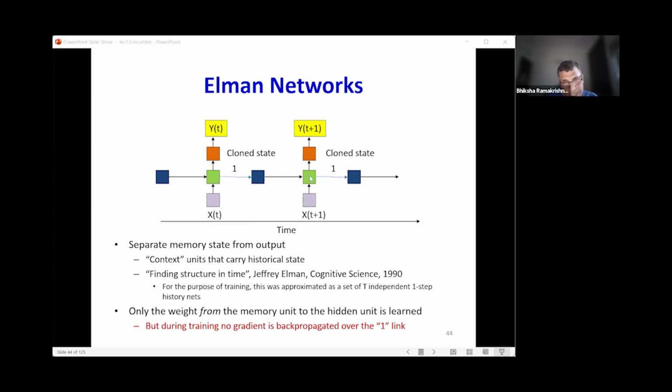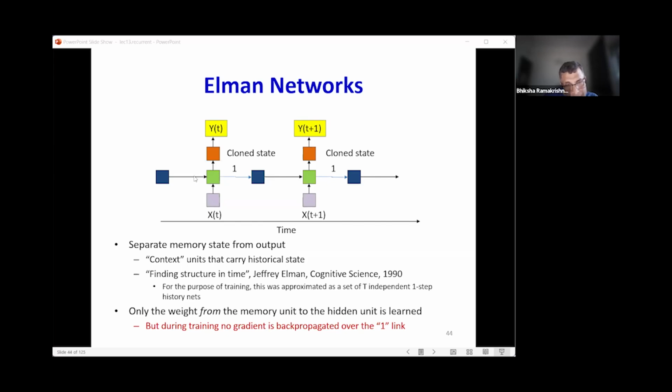And this cloned hidden state from the previous time was fed into this hidden state, and was used to compute the hidden state at the current time along with the current input. And this hidden state was used to compute the next output. Then at the next time, this hidden state was once again cloned. And this guy would be used to compute the output at the next time.